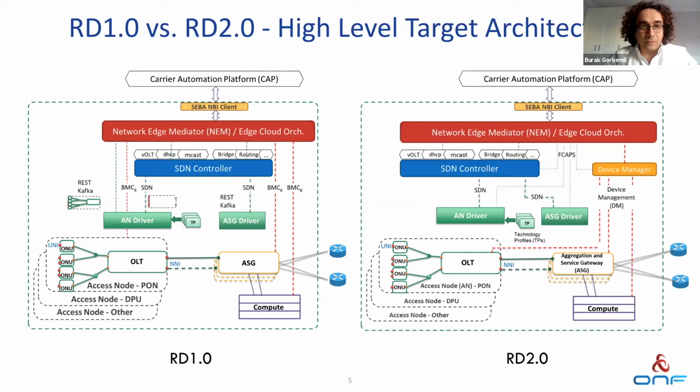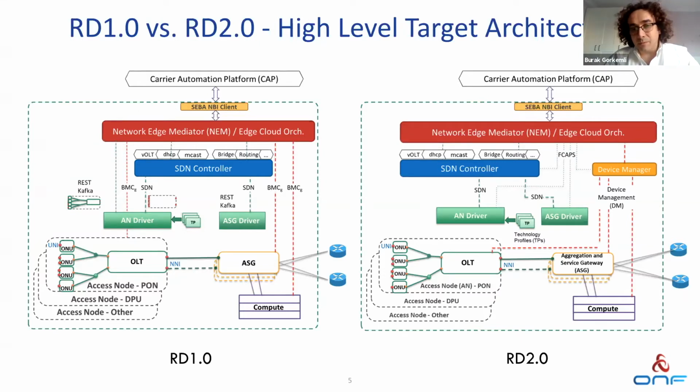That said, I want to start by comparing these two architectures of Reference Design 1 and 2. As you may notice, there is not a big difference between them, which is good, because it tells us that we have reached a stable state.